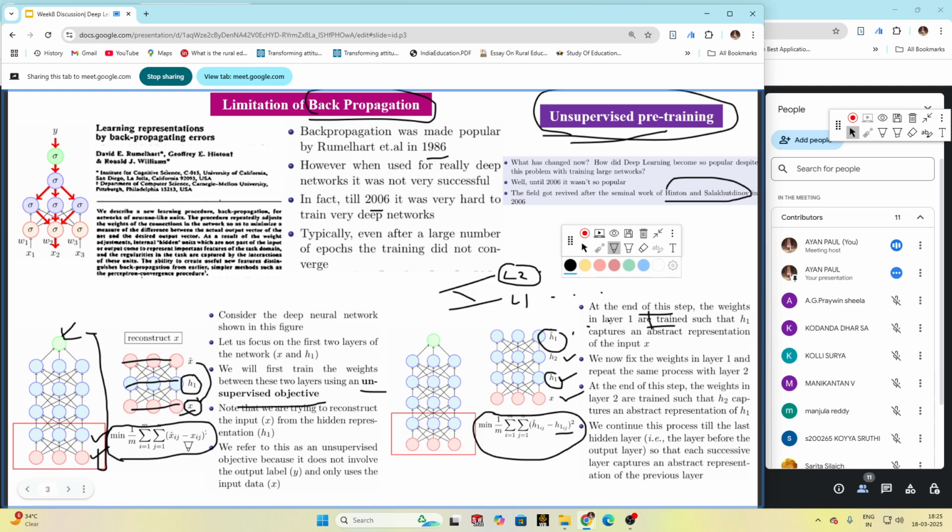But here, in unsupervised pre-training, we are not giving any labels. We just want to achieve the abstract of L1 by this layer L2, or learn the abstract of the previous layer with the next layer. That is what we do in the pre-training step.